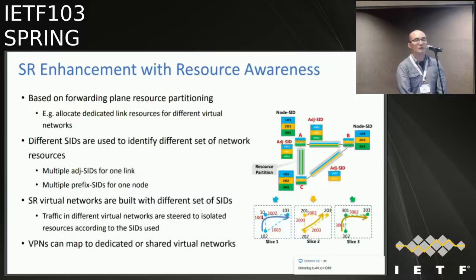Thank you. Stefan, again, if you want to partition, for example, using queues, we have also other mechanisms that could be used to identify the flow, like the EXP or DSCP. So you can also use SIDs, but we can also use what we are using today, which is the EXP bit, for example. Right, but that has certain scaling limitations.